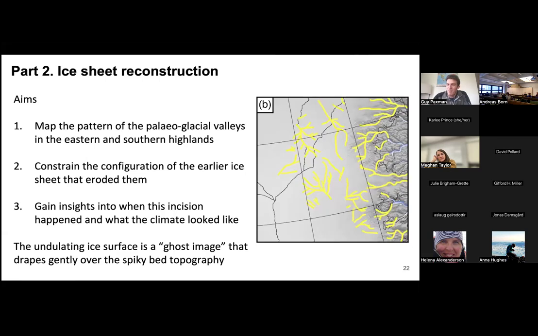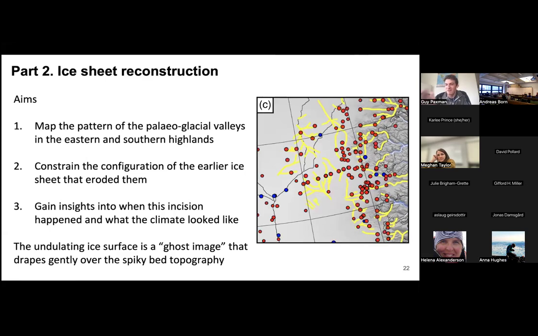And if I show the mapping that we put on top of that, those are the plan forms we've been mapping out here. And if we compare that to where the radar lines detect the valleys, you can see that they often do align with these features in the ice surface imagery, which is reassuring and shows that by using these two methods combined, you can learn something about not only the cross-sectional geometry of the valleys, but also their 2D plan form from above.